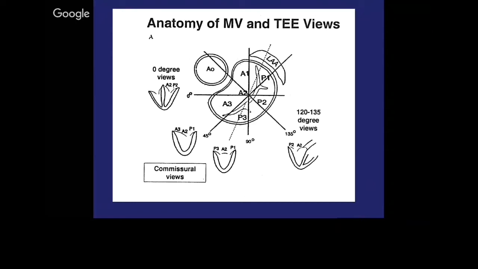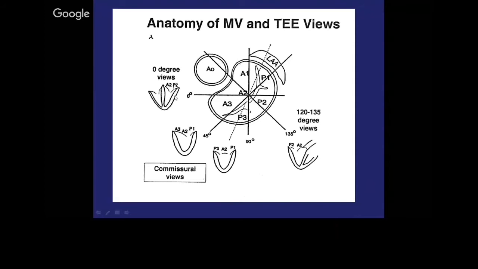Remember, this is the mid-esophageal that we're taking all these pictures. So 0 degrees is straight up and down the esophagus, basically. Yeah, right? We can see right here. That's where we're slicing, in relation to the valve here. I will show you in relation to the esophagus on the next slide.